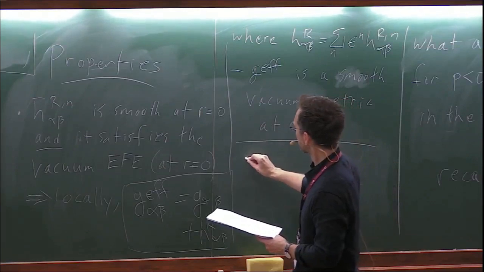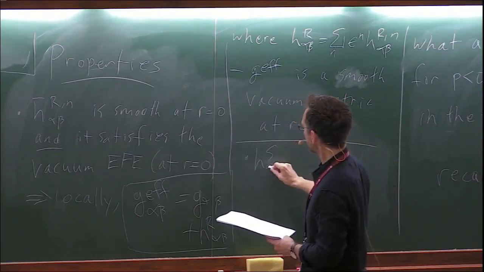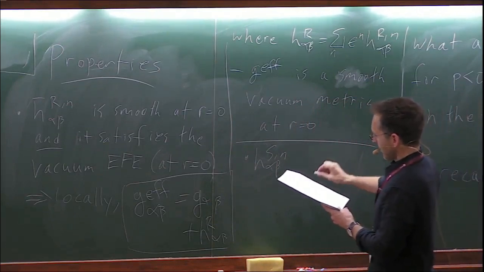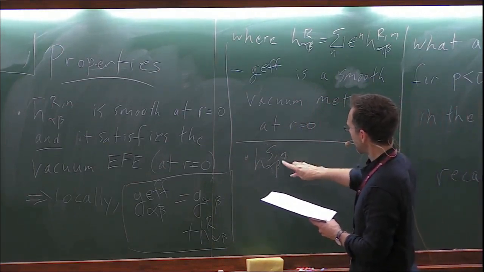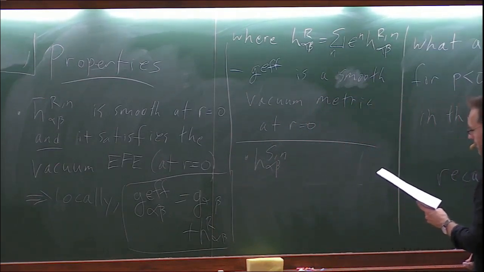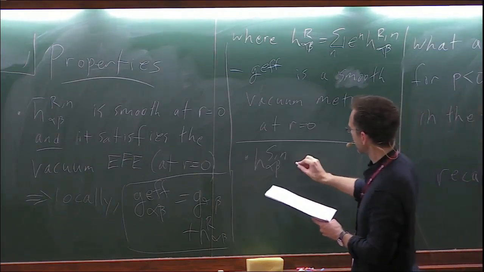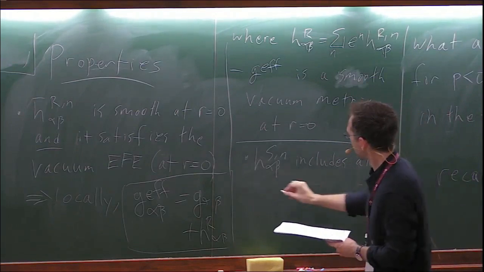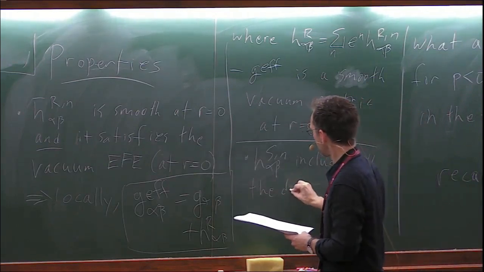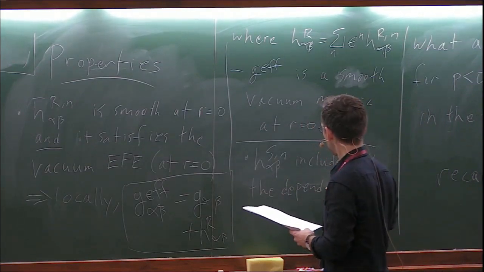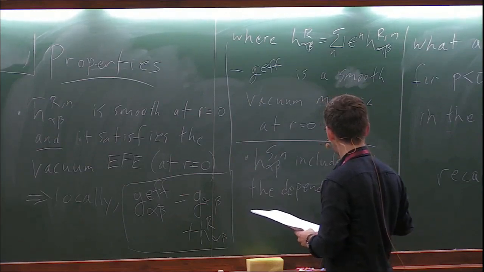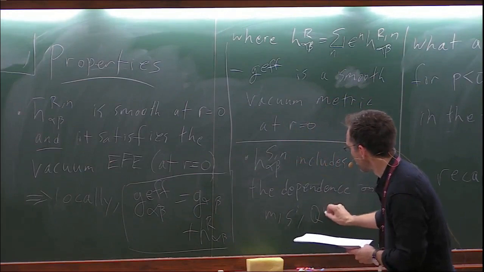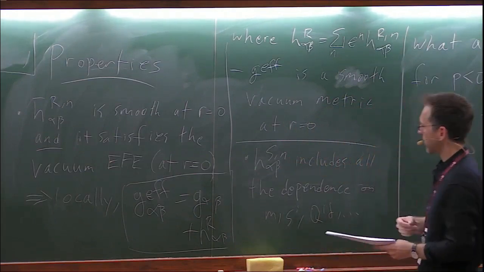Then h^S is like a local self-field. So this includes all the local dependence on the mass, the spin, the quadrupole moments of the small object.